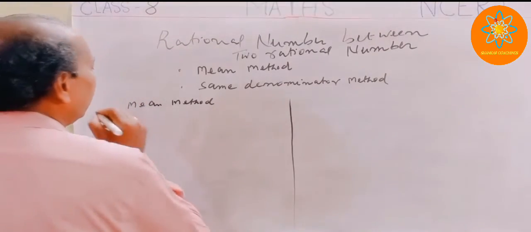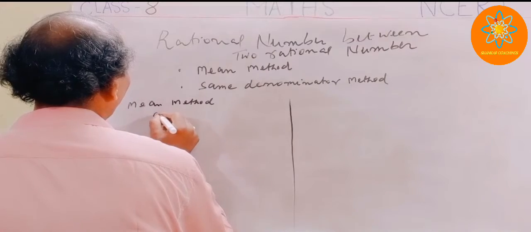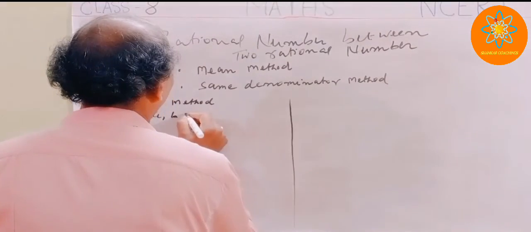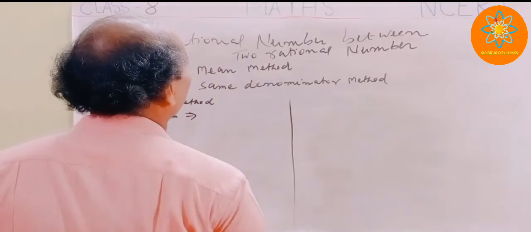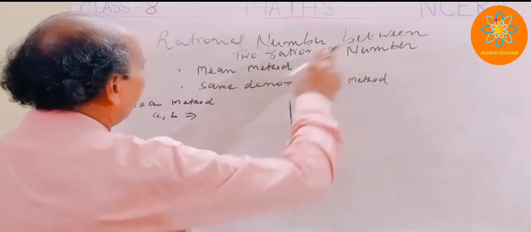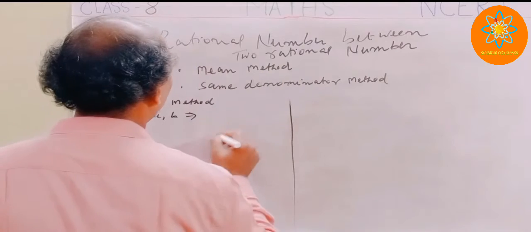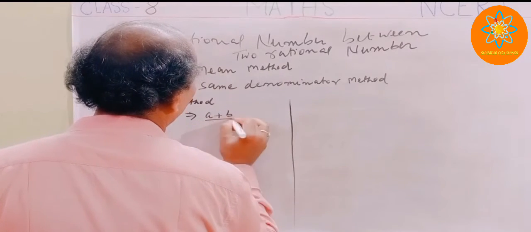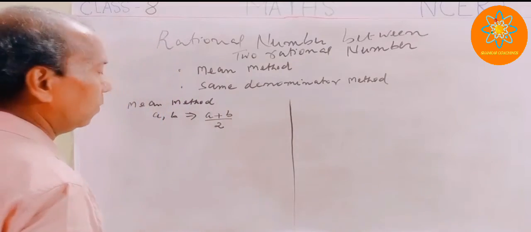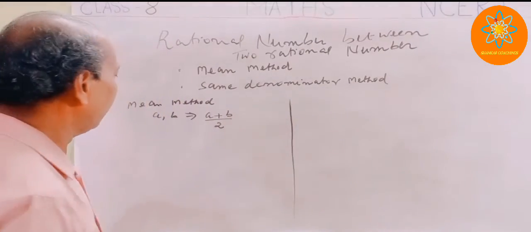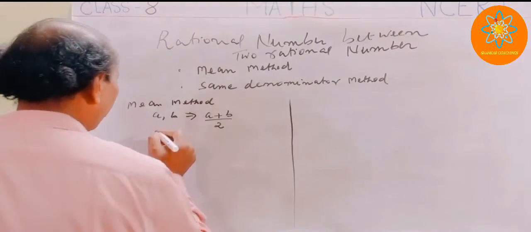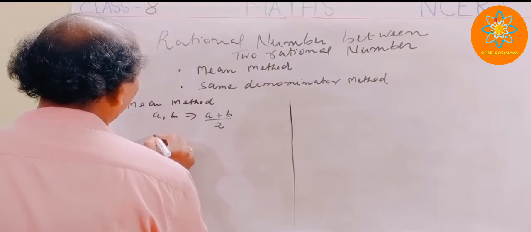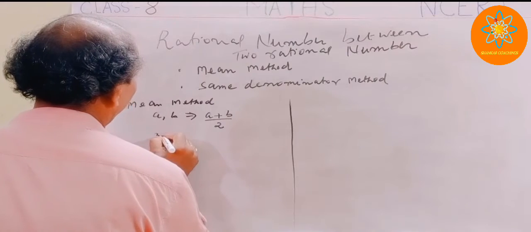Simply, the formula is: if A and B are the two rational numbers, then the rational number between A and B is nothing but A plus B by 2. I'm taking one simple example. Suppose I have two numbers, 3 and 2.